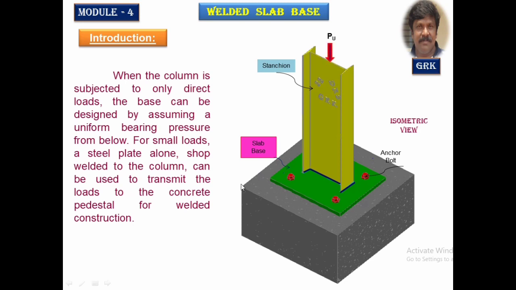Based on the cutting of the ends, if it is hand cut or machine or frame cut, we are going to take 100% of the load acting on the column to be transferred onto the base plate.